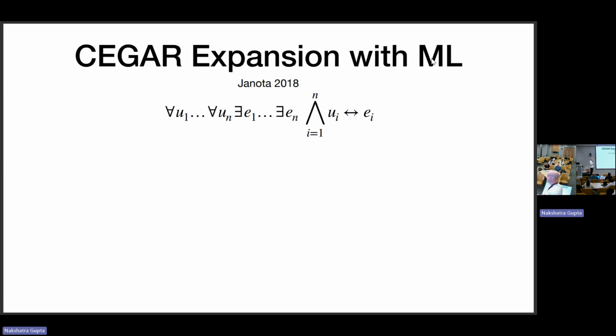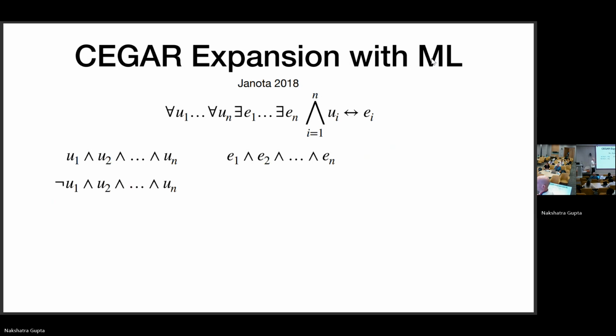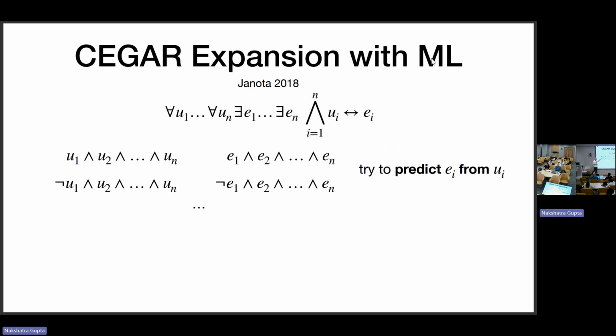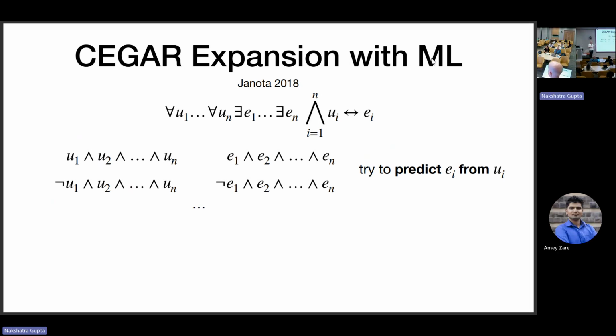There's a nice solution for this that was developed a couple years ago that uses machine learning. And I think the idea is really neat. If we just run the algorithm for a bit and observe what moves and counter moves are happening, then we can think of this as a training set to train a classifier that tells us how the existential player will respond to the universal plays.